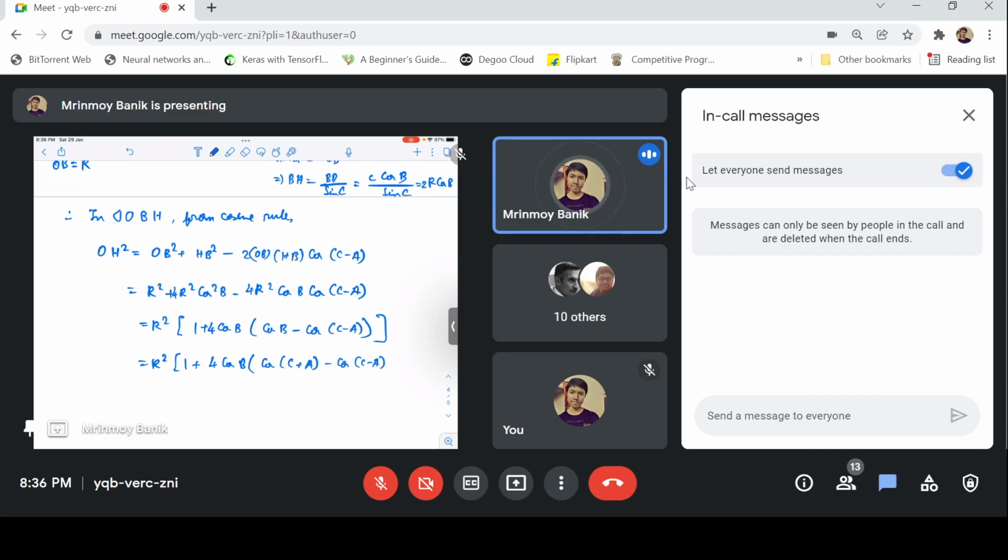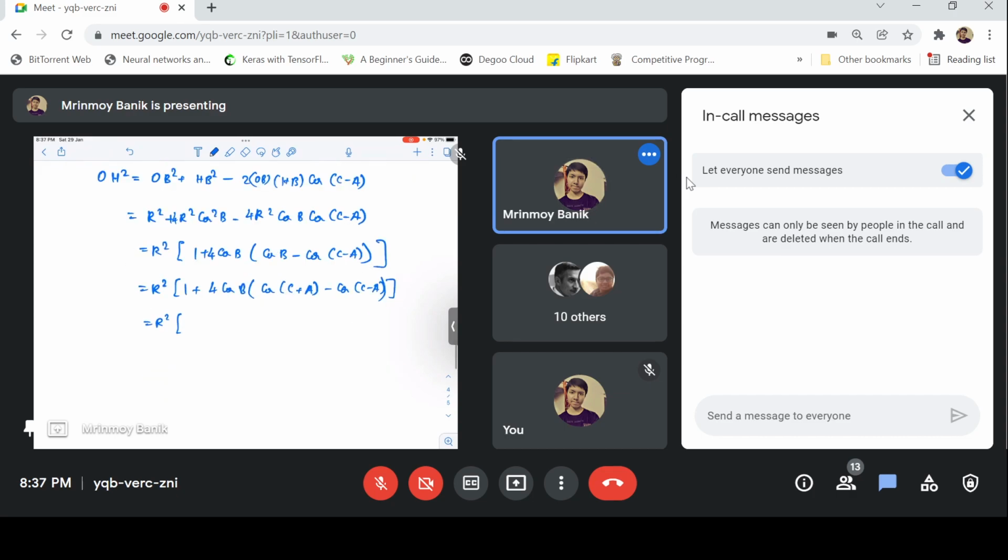So it's C minus A. Twice C and A. So R squared times 1 plus 8 cos A cos B cos C. That's all its squares.